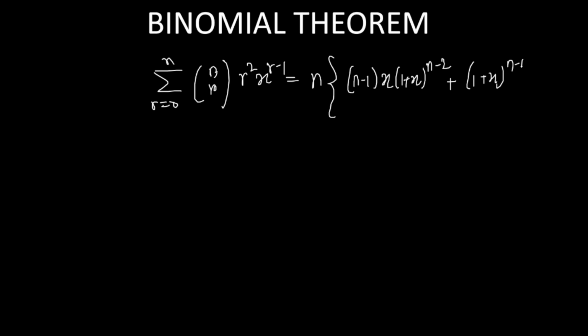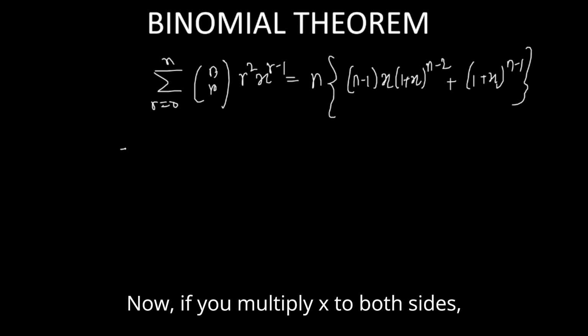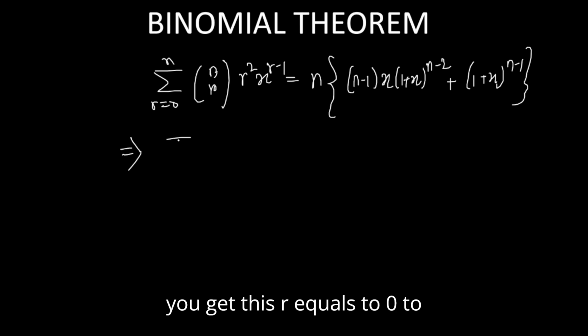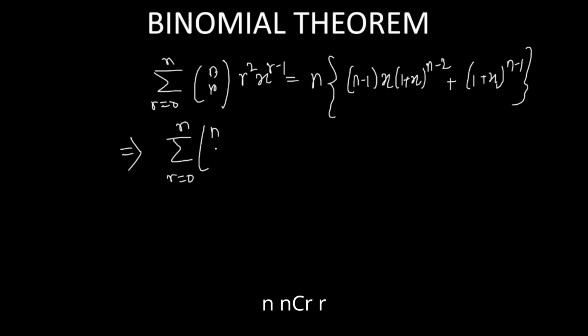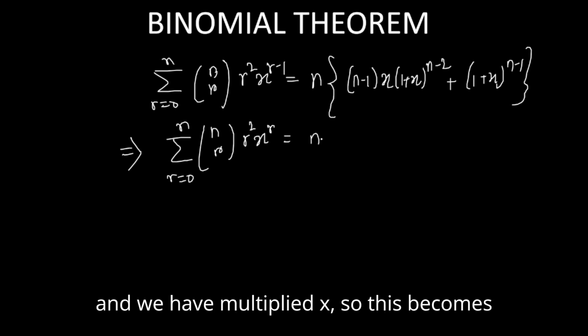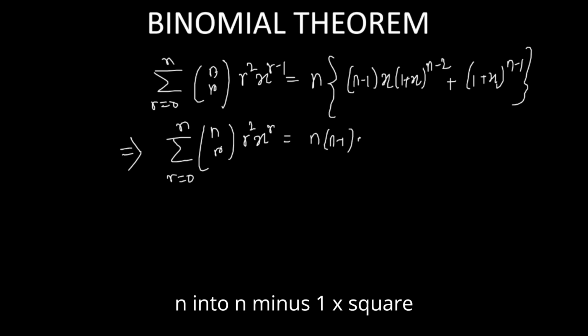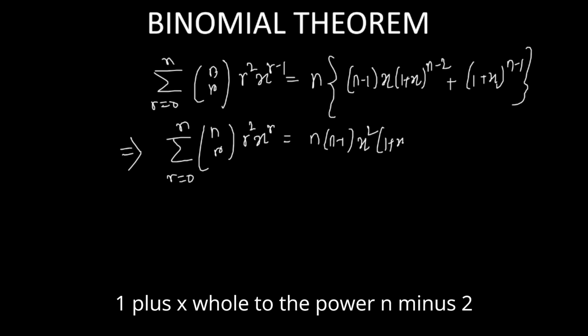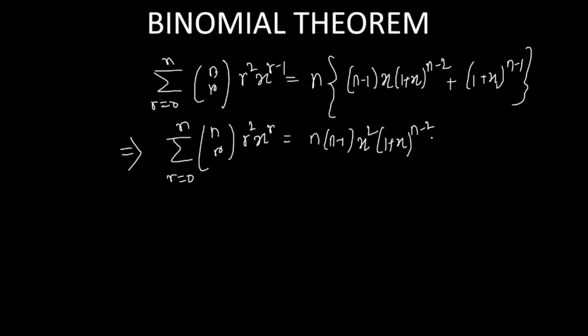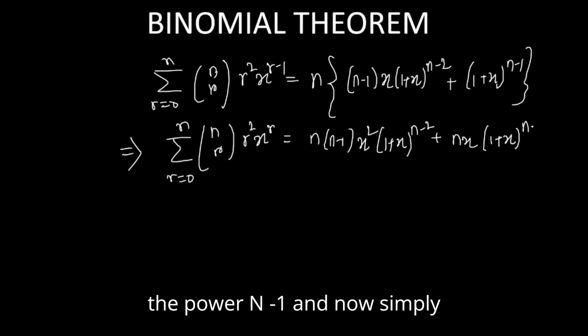Okay, so this was the result. Now, if you multiply x to both sides, you get the summation r = 0 to n of nCr r squared x^r, and since we have multiplied x, this becomes n(n - 1)x^2(1 + x)^(n-2) plus n x (1 + x)^(n-1).